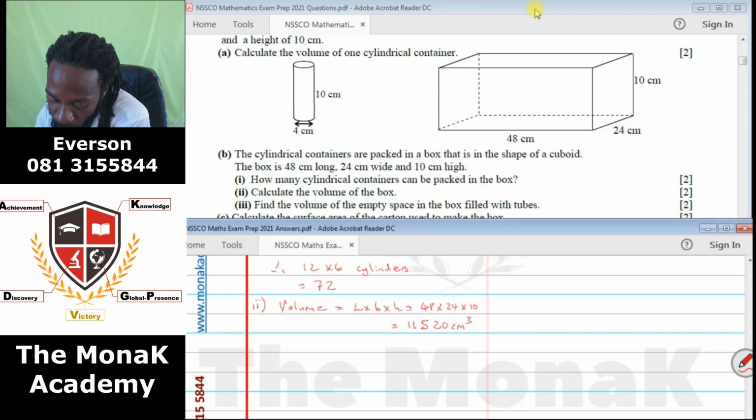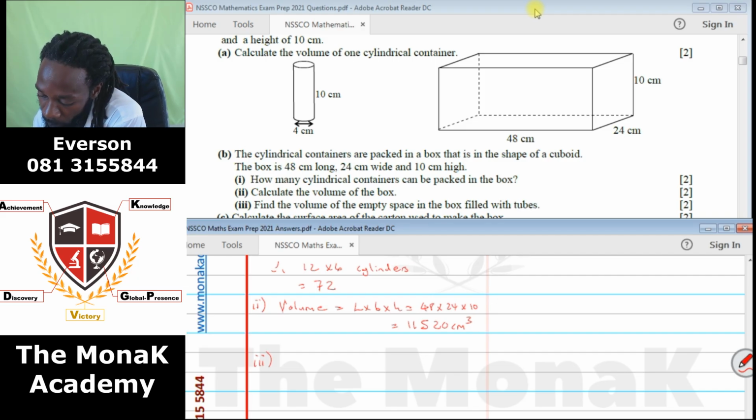How about part 3 of B? It says find the volume of the empty space in the box filled with the tubes.